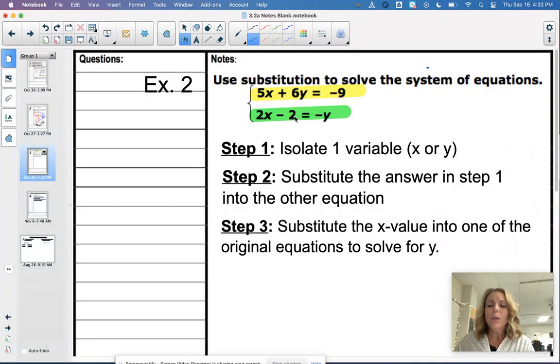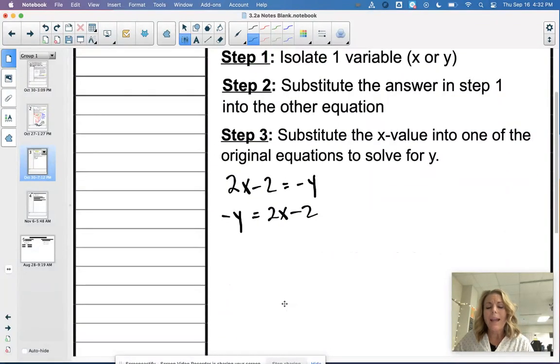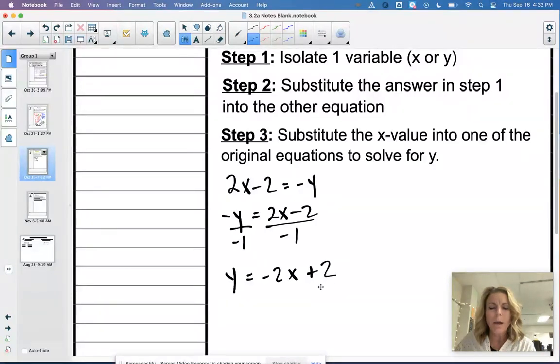If I look at the green one, the y is already on the right side all by itself. So if I took 2x minus 2 equals negative y, I can switch that around, but I need y, not negative y. So all I have to do is divide everything by negative 1. So that's positive. 2x divided by negative 1 is negative 2x. Negative 2 divided by negative 1 is a positive 2. Here is my step 1, done.